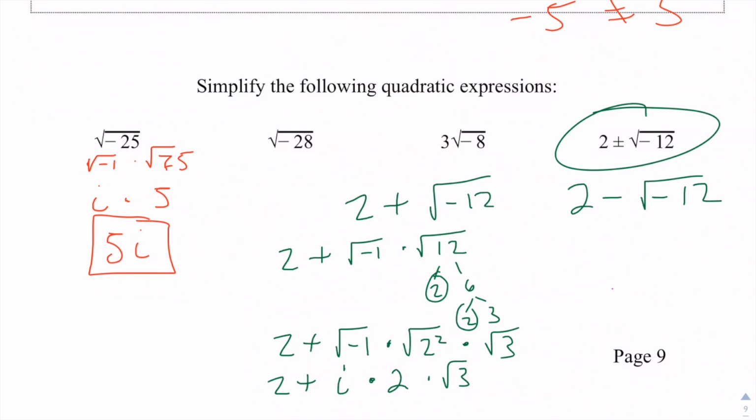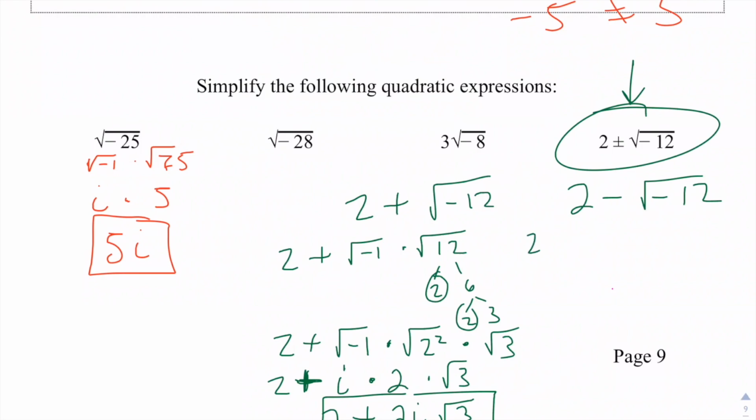And if I want to simplify this, remember the 2 goes in front of the i. But this is addition, it's not multiplication, so that just has to stay out in front. So I get 2 plus 2i square root of 3, and that is the solution on that one. And we're doing this because this is commonly how you get a quadratic solution out of the quadratic formula. So that's why I'm choosing to do this.